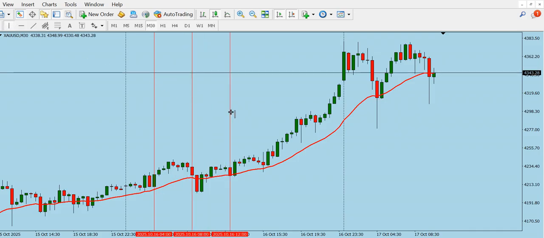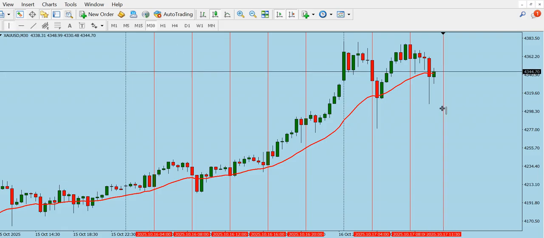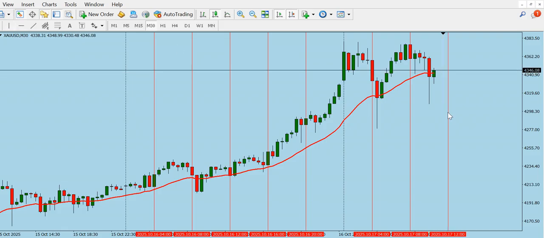This is the next one. This is the next one. This is the next one. Okay, that's for yesterday. For today, this is the first 4 hour. This is the next one for today, and this is the next 4 hour vertical line for today.